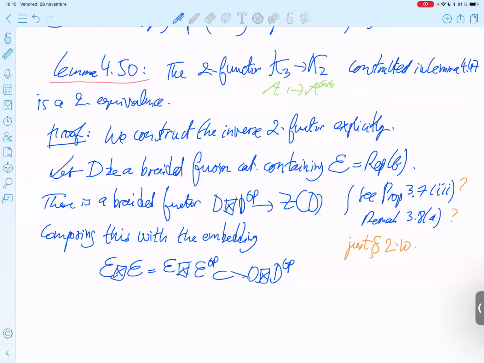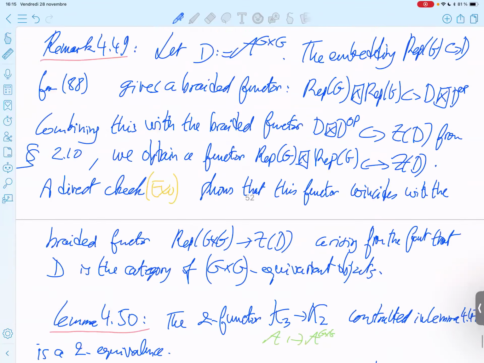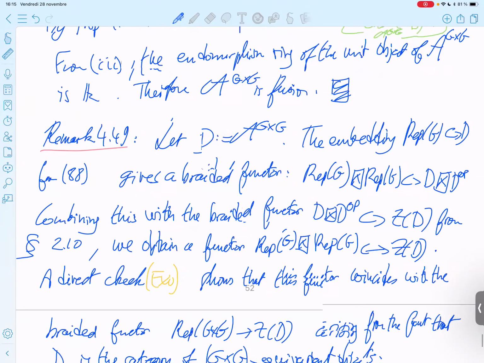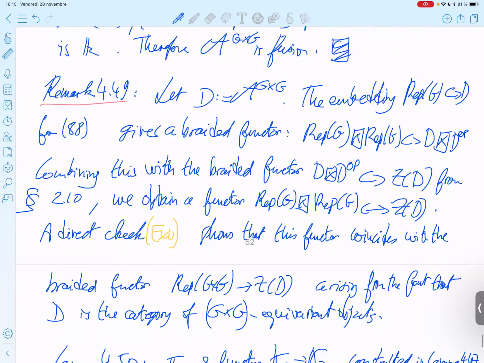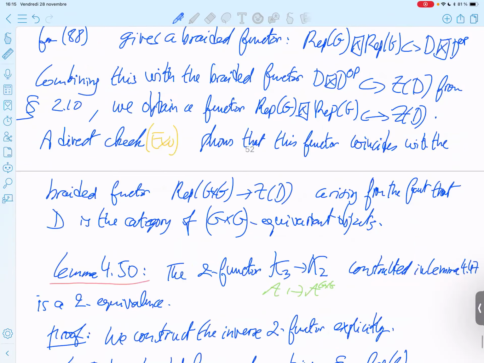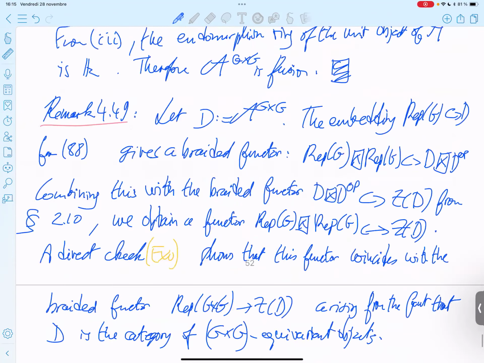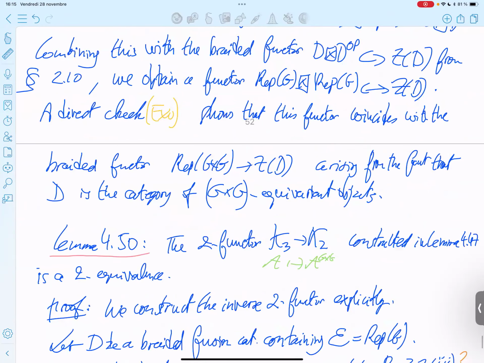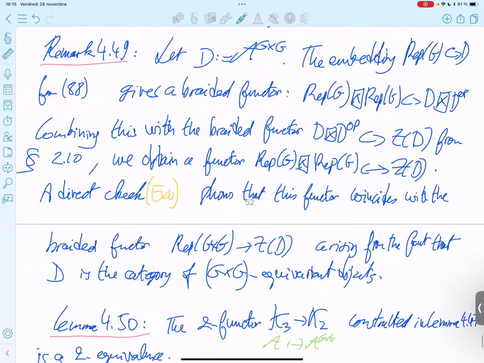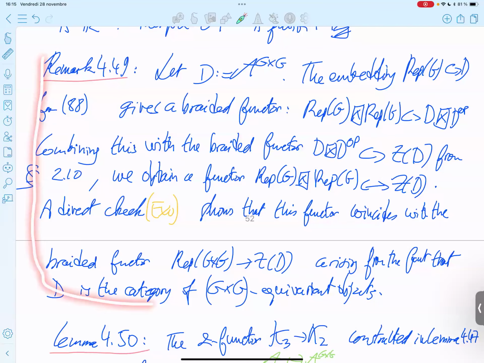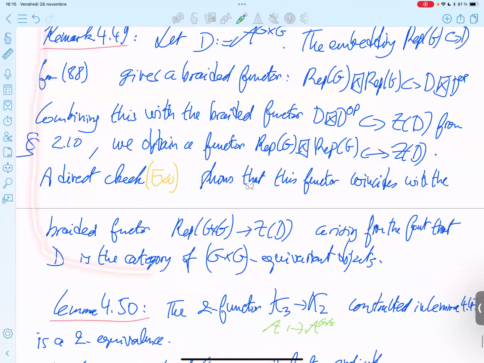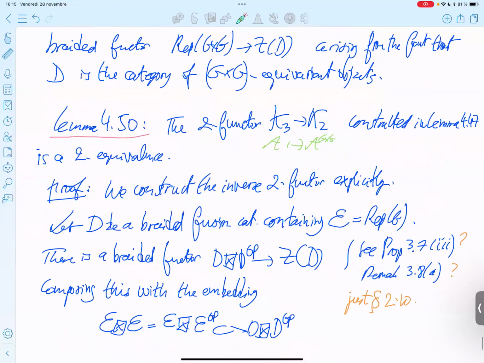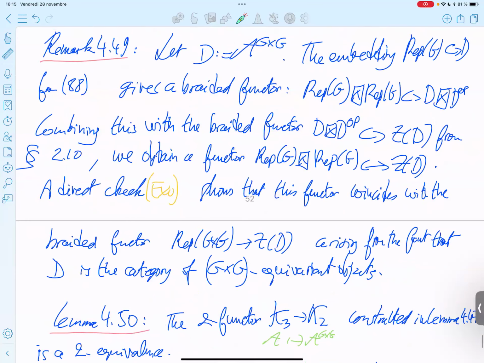This is basically what we said in the previous remark. This is quite strange. The braided functor from that to that is exactly this. The content of the proof here really looks like what is written in this remark. So then you get a functor.